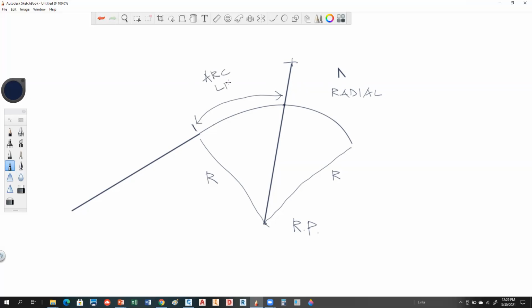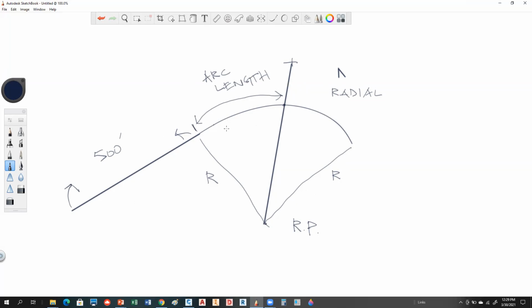Okay. So there's a way you can calculate that arc length, but it's not real simple. So once I get the arc length and I know this distance, 500 feet, let's say, I'm going to take this distance plus the arc length to get the actual station.